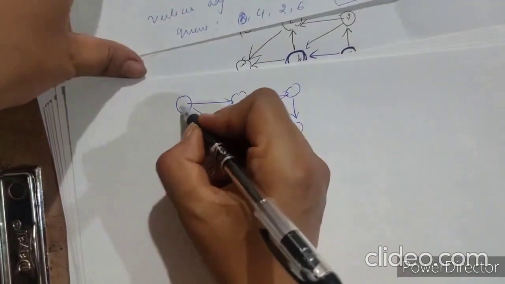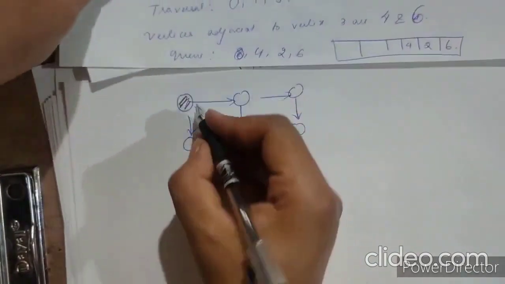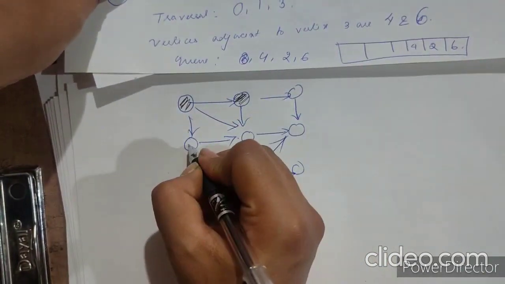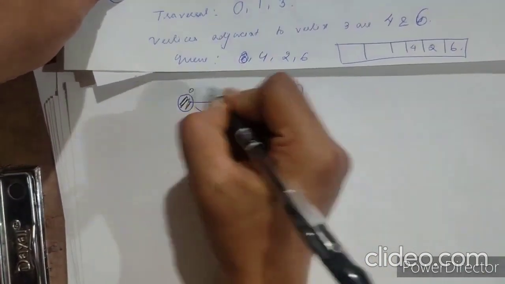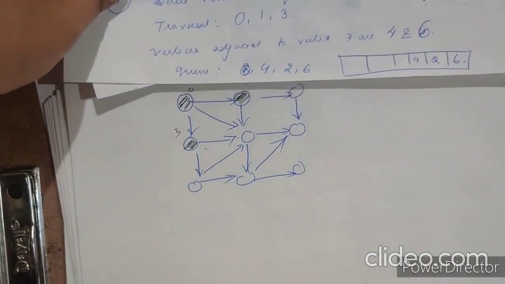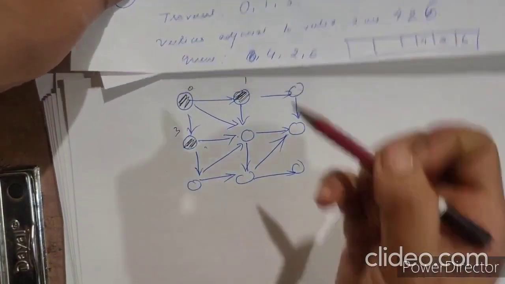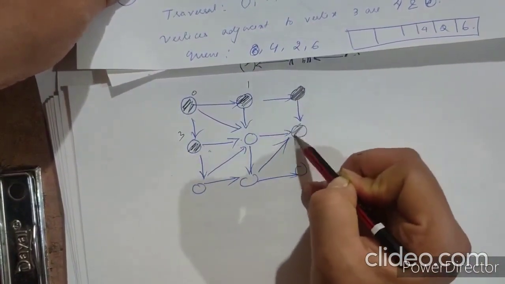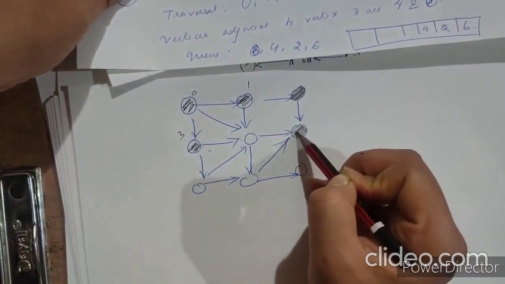This will be highlighted with black because the traversal is 0, 1 and 3. 2 is already in the initial state, so I will mark it with gray. 6 is also in the initial state.